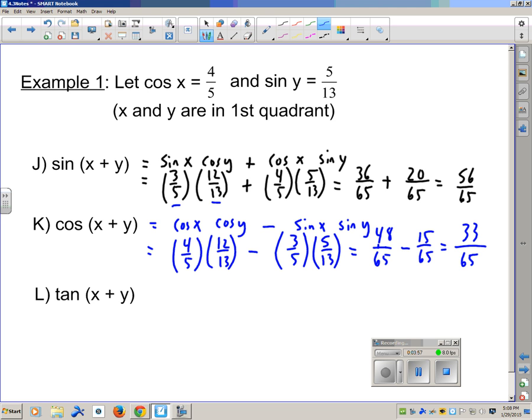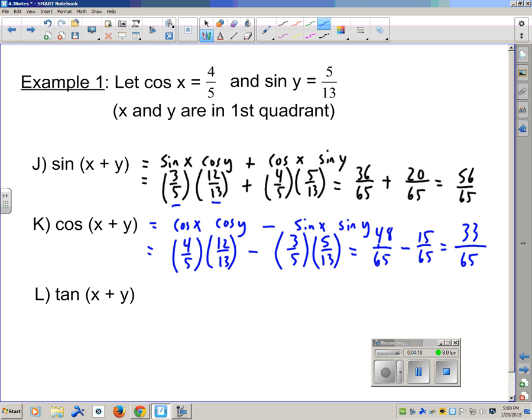Again, if you can't see if it reduces down any farther, go ahead and hit 33 divided by 65 in your calculator. Hit the math frac button, and it will tell you that it's not reducible down. It says it's 33 over 65 still. So we're finished.